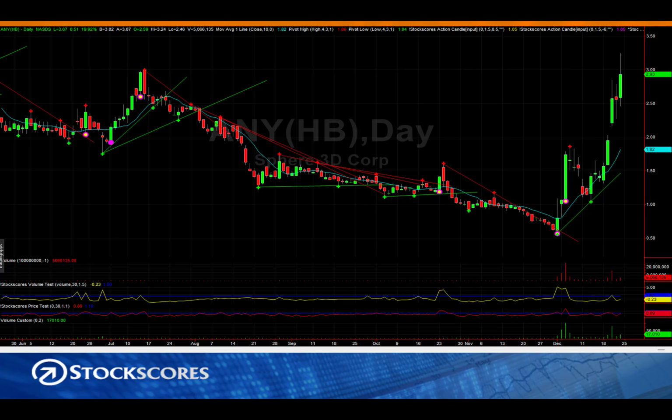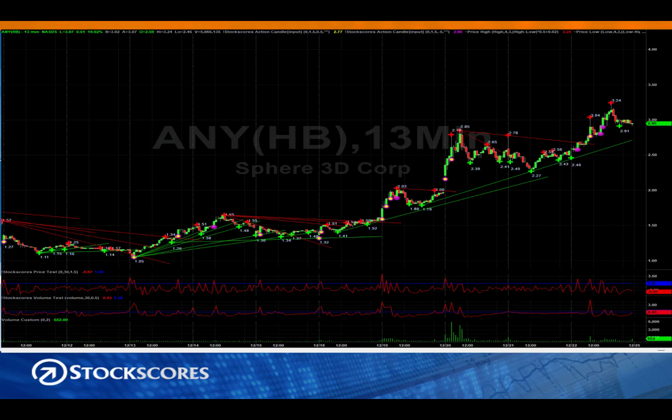If I go to the 13-minute chart, I can see that here in that point of the day, it was overbought, but at the start of the day, it was not. So on the daily chart, we expected it to pull back. On the 13-minute chart, buying up here was a fool's game because it was overbought, and look what happened. It started to pull back.